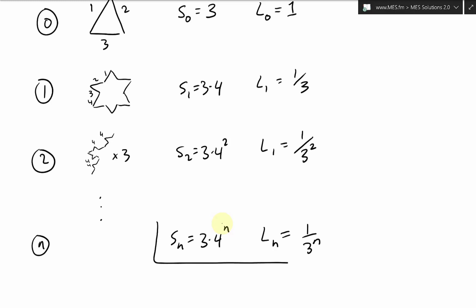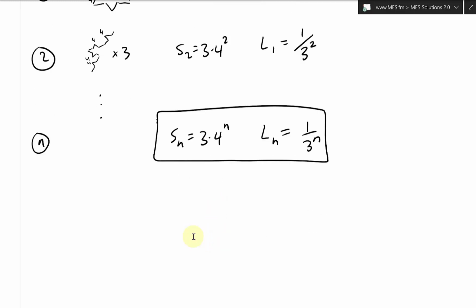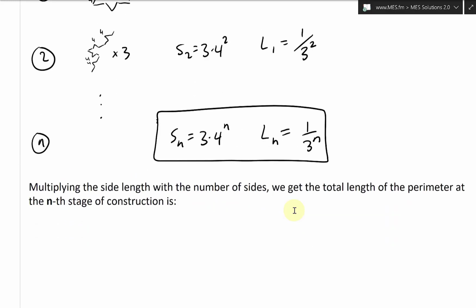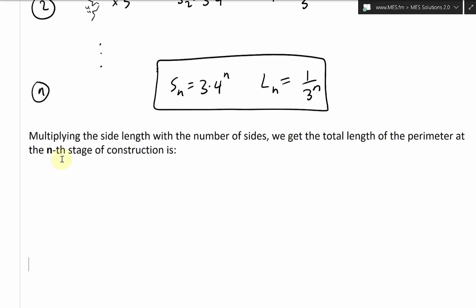So in other words, we got the number of sides and the length, and then we can find the total perimeter around it. Multiplying the side length with the number of sides, we get the total length of the perimeter at the nth stage of construction.